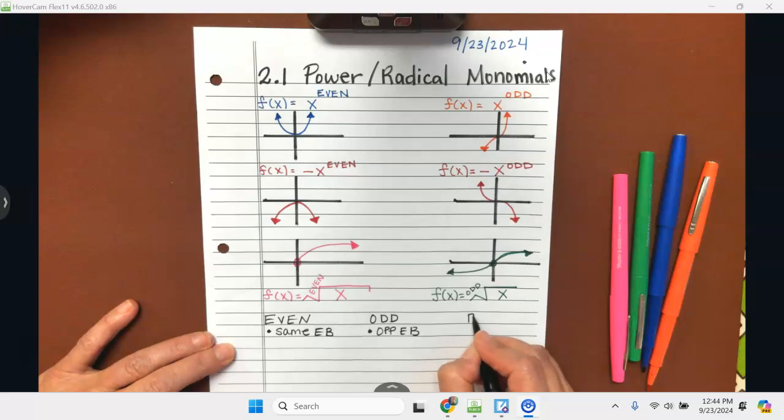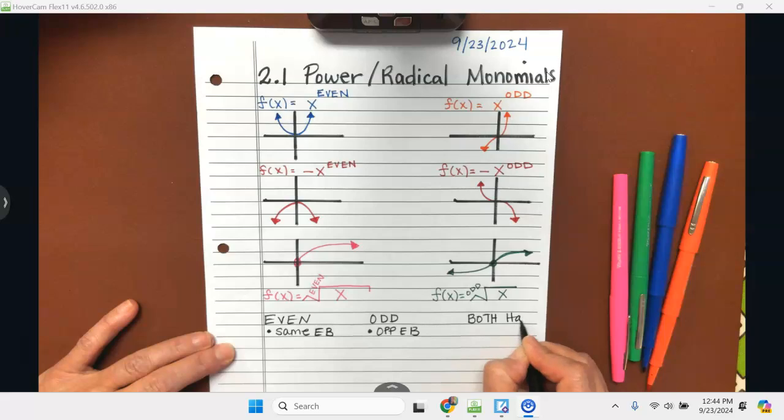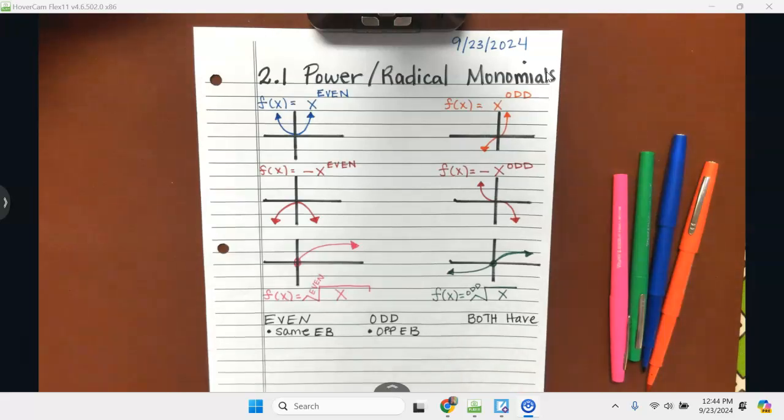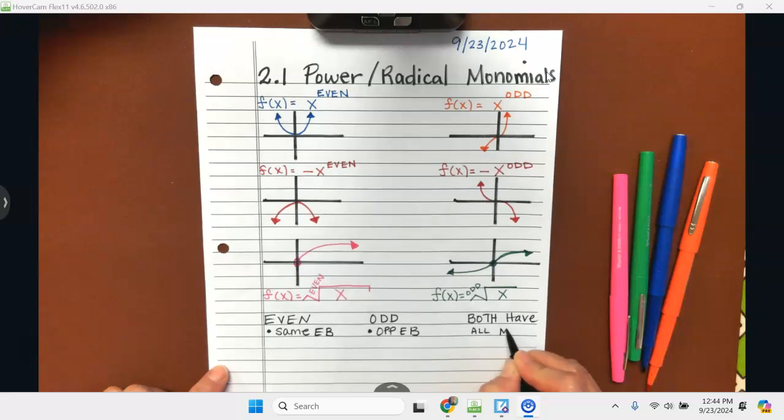And then we're going to talk about what they both have. Actually, look at all the graphs. What do all the graphs go through? Very good. Guys, all monomials go through the origin.